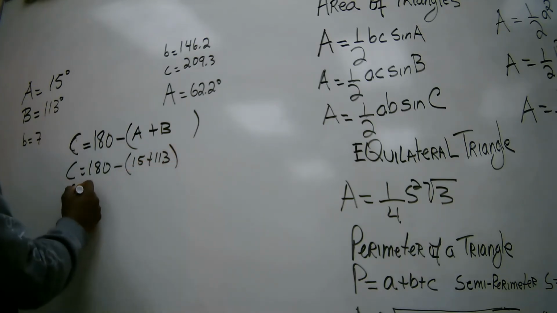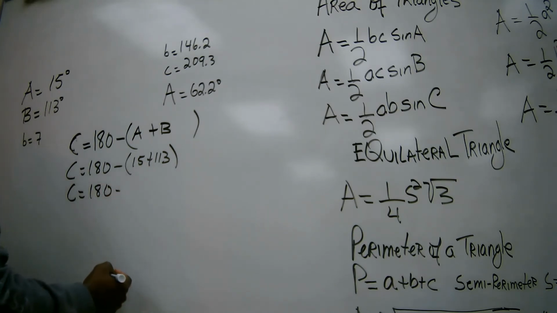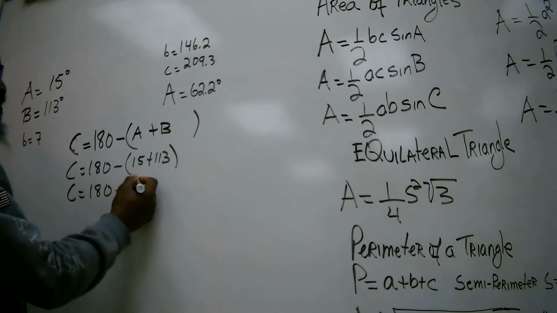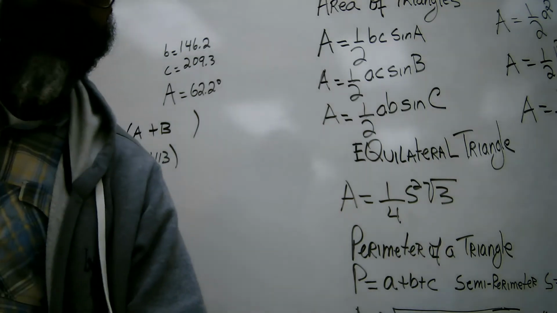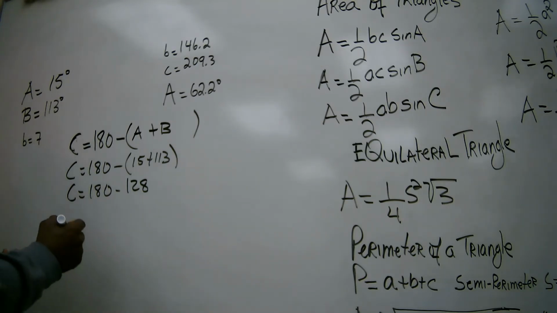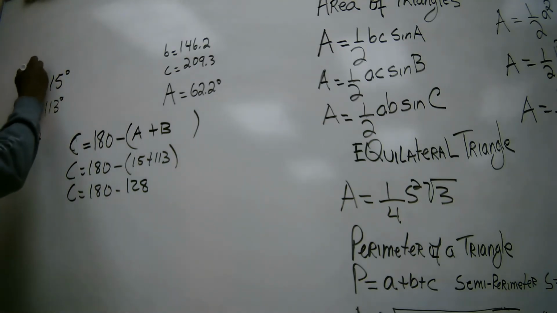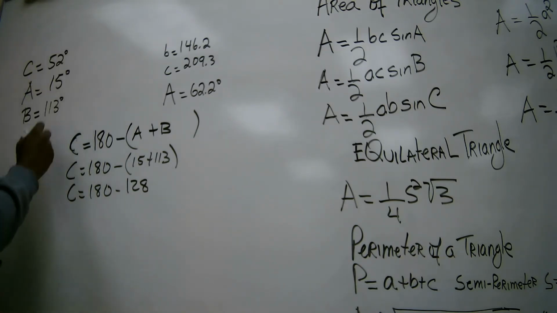Then C equals 180 minus 128. Use your calculator to verify that, and that will be roughly 52 degrees. In this case, angle C will be 52 degrees. So we found the third angle.